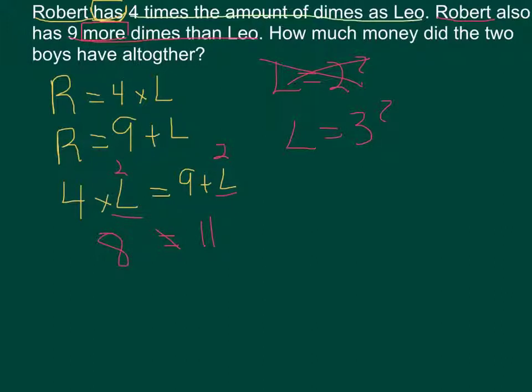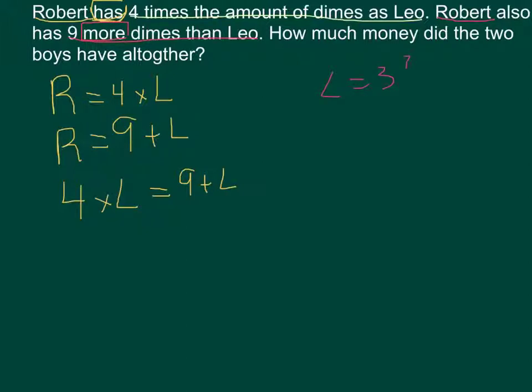I'm going to erase this real quick. And that. I didn't mean to erase the 3, but anyway. So let's go back and let's try. Does L equal 3? Well, let's see. I put a 3 right here and a 3 right here.